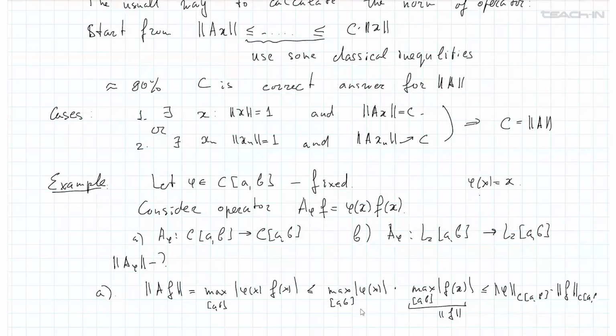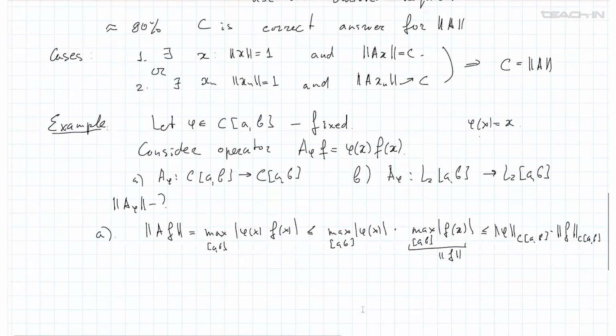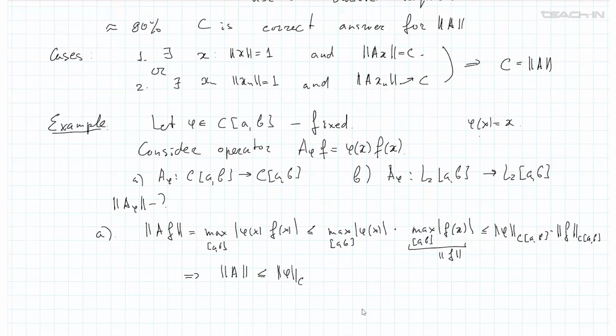So what can we conclude from this? It implies that the norm of the operator is less or equal to the norm of function phi in the space of continuous functions. And let's take f identically equal to 1, the identically constant function.